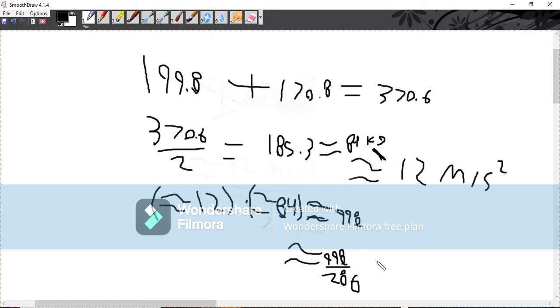And when you do that, that is approximately equal to 3.5 G's of force.